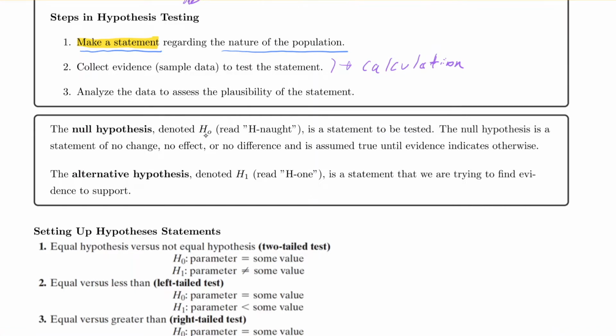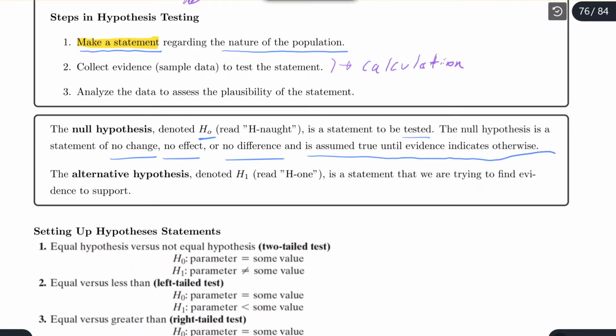The null hypothesis, we use the notation H naught, is a statement to be tested. The null hypothesis is a statement of no change, no effect, or no difference. And this is assumed true until evidence indicates otherwise, just like the individual is innocent until proven guilty.